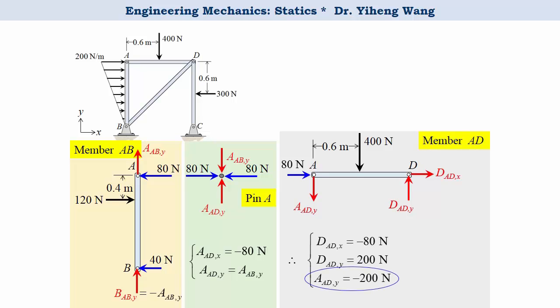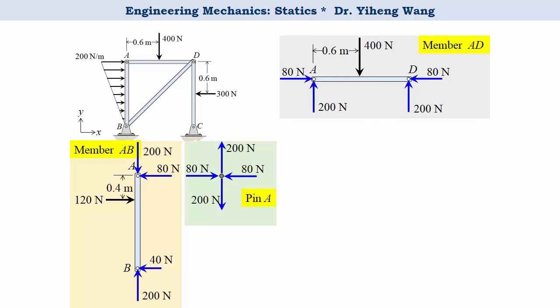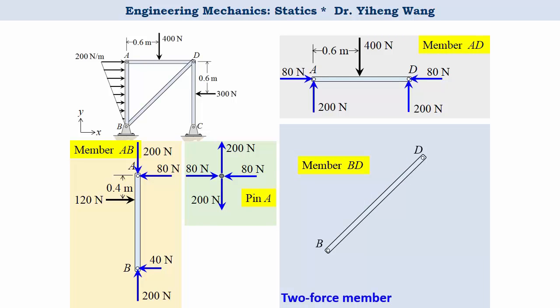Because now we know what A_ADY is from the previous step, A_ADY equals A_ABY, therefore that is also solved. And from the very first step, B_ABY equals negative A_ABY, therefore now we also know that B_ABY equals positive 200 Newton.